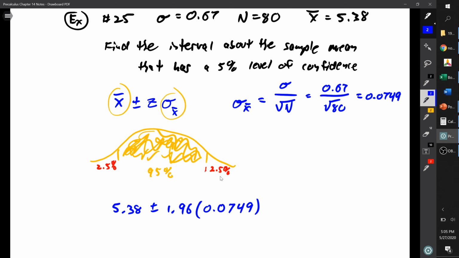If I do the minus first, 5.38 minus 1.96 times 0.0749, I get 5.203. And then if I add, 5.38 plus 1.96 times 0.0749, I get 5.527.